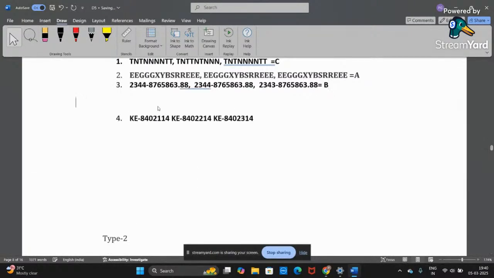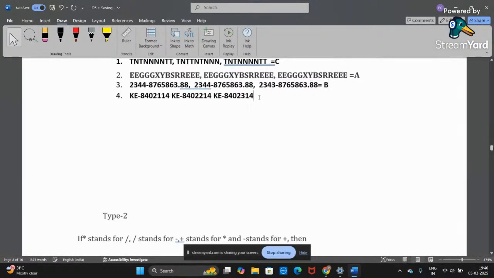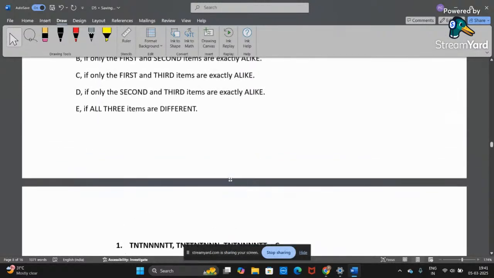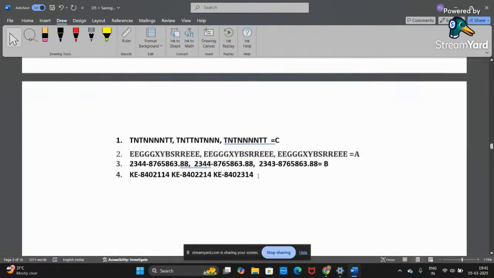Now let's find out the fourth one. K is right. 84848402020114, all three are not same, so your answer will be E. All three items are different.